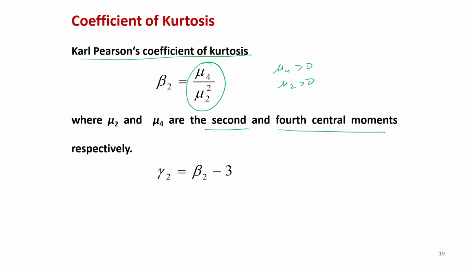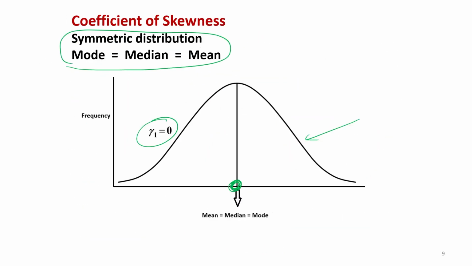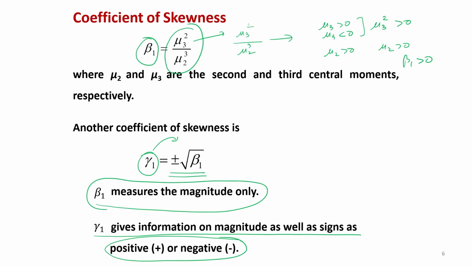And you can see that in measuring the kurtosis, we are using the fourth central moment. You can recall that when we defined the coefficient of skewness, we used the third central moment mu3.